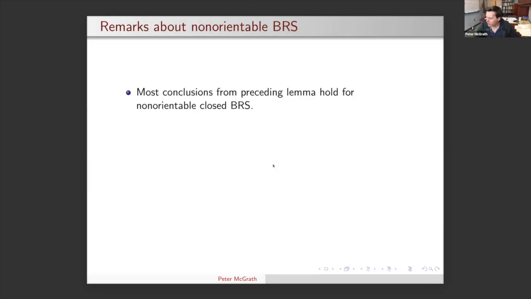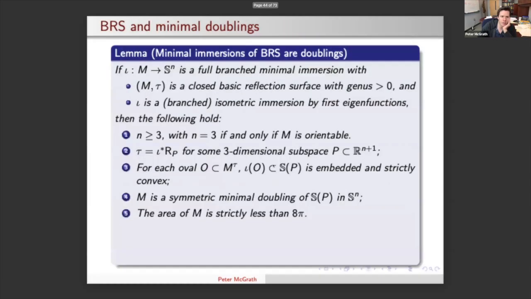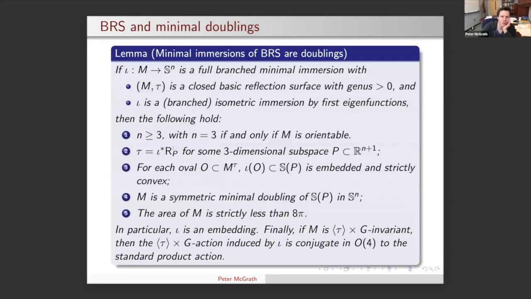So I'd like to make quickly a couple comments about the non-orientable case. Many of the conclusions in this technical slide about the properties of minimal immersions of basic reflection surfaces hold for the non-orientable surfaces. The only time in this slide that we talk about orientable surfaces is here.